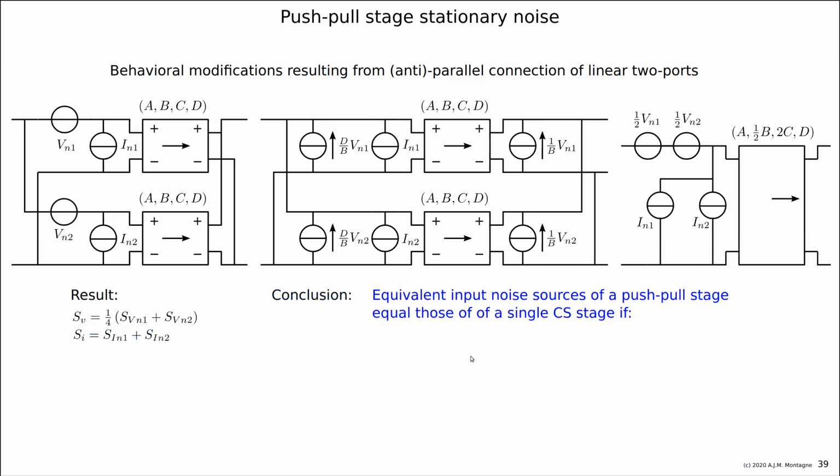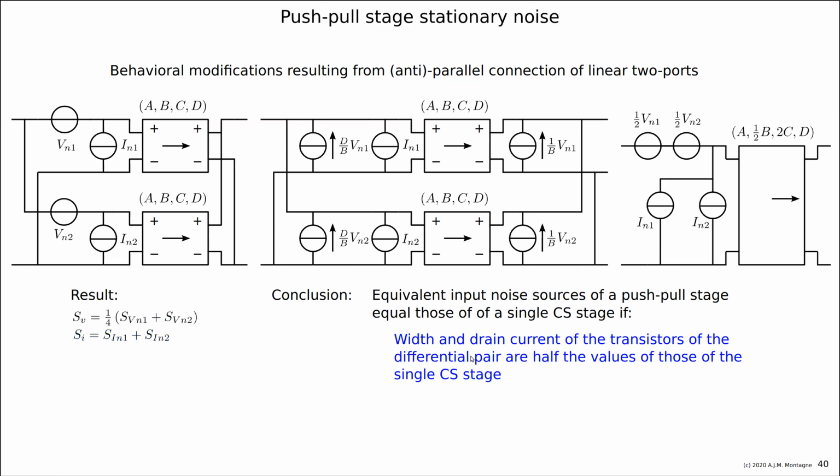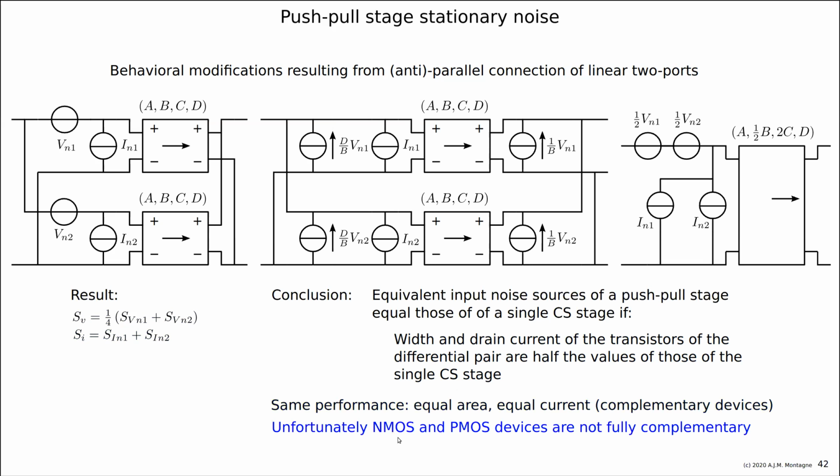But unfortunately, so this is the conclusion, but unfortunately, we have no ideal complementary devices. So PMOS and NMOS are different. They are not fully complementary, and about a factor of 3.5 to 4 is the mobility. The carrier mobility in the PMOS is about a factor of 4 times lower than in the NMOS, which means that the above rule is not valid.